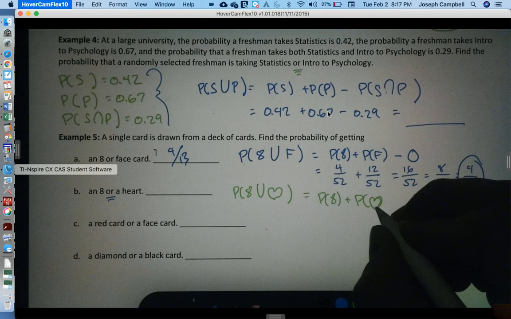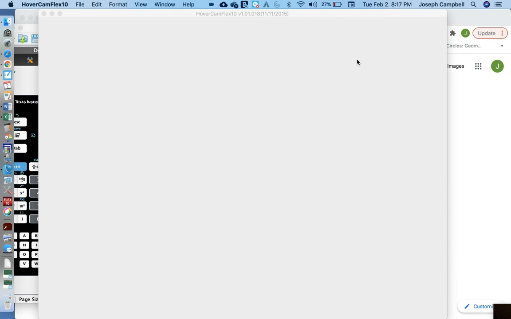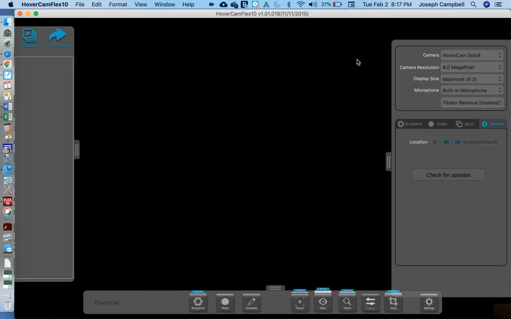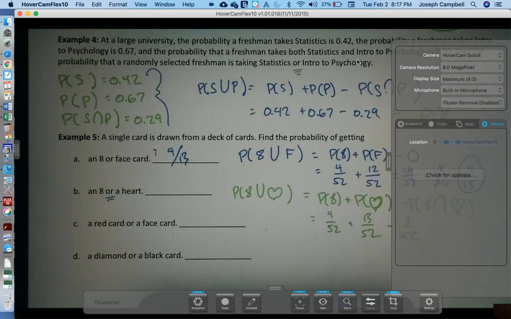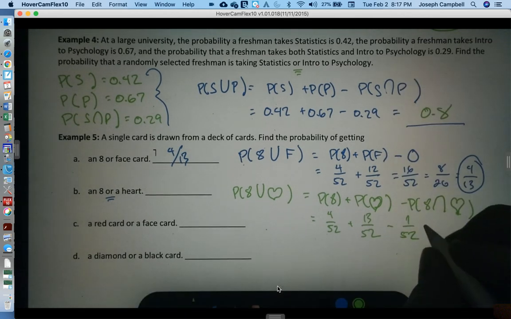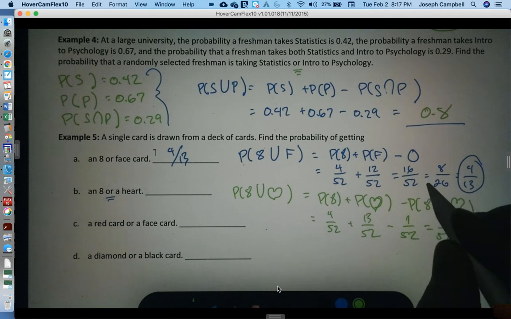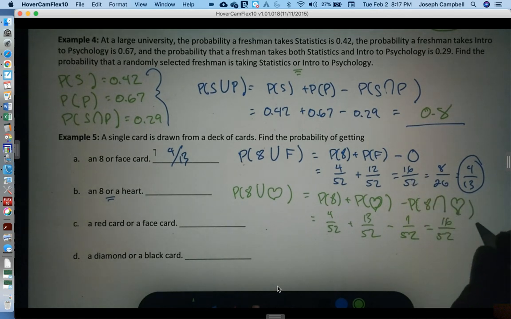Of course, it freezes at the most opportune time. Why wouldn't it? All right. So that's going to be 16 out of 52, which is, oh, we just had that, right? Yeah, so it's going to be 4/13 again.